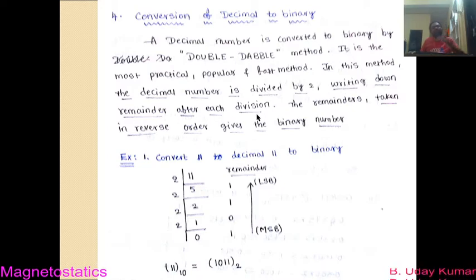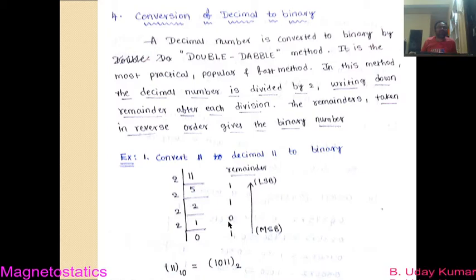In each step of division, whatever remainder you get is written on its side. And the remainders taken in reverse order give the binary number.